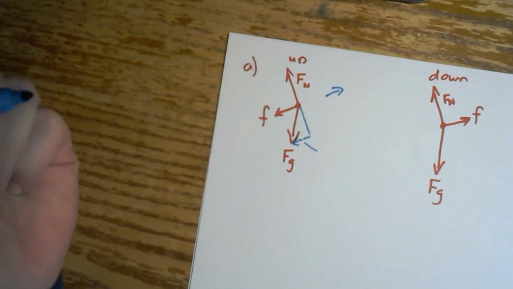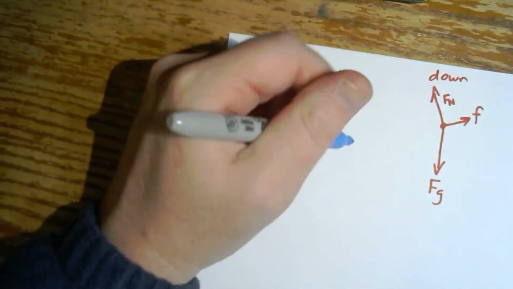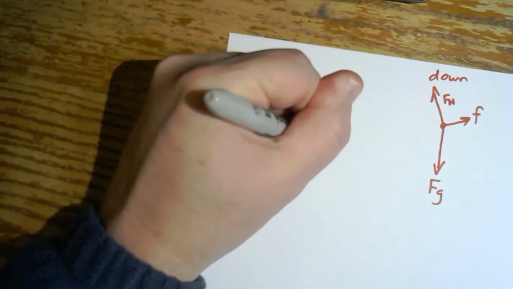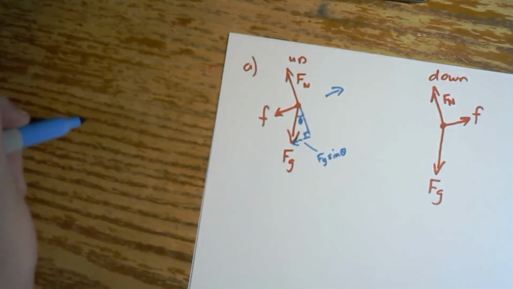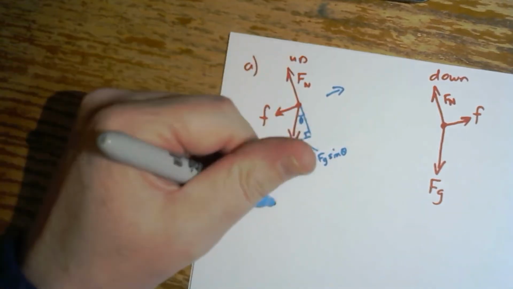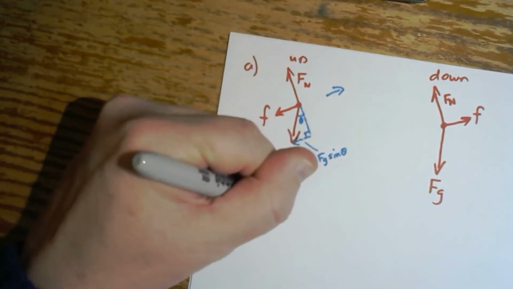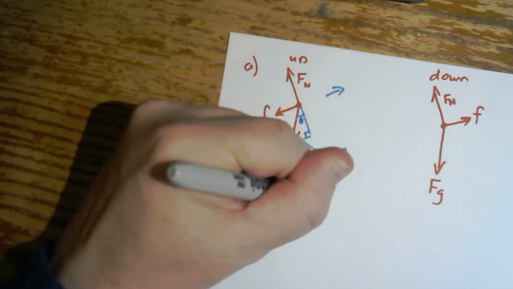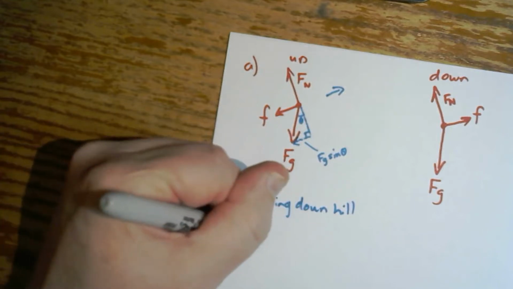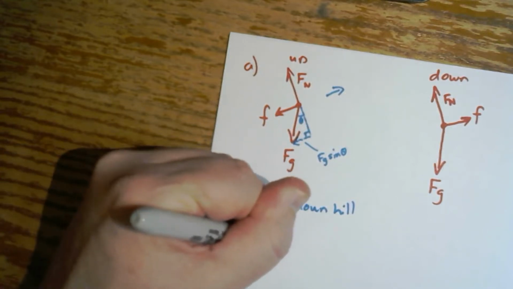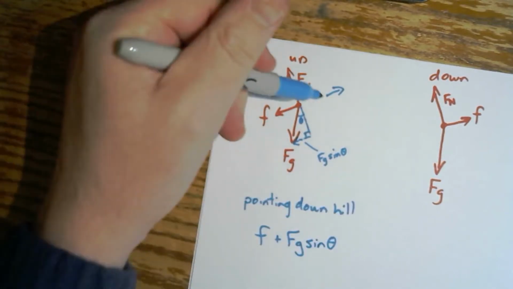This guy right here, it's moving straight down the incline, and that's Fg sine theta. Remember, that's the opposite to our angle theta right here. And so in the up case, you have forces pointing down the hill. You have friction plus Fg sine theta, two forces that oppose its motion.